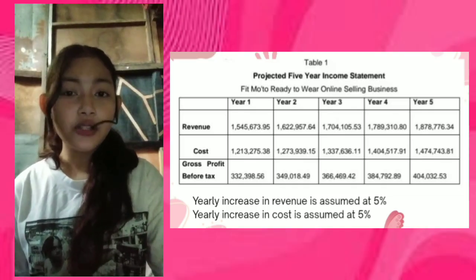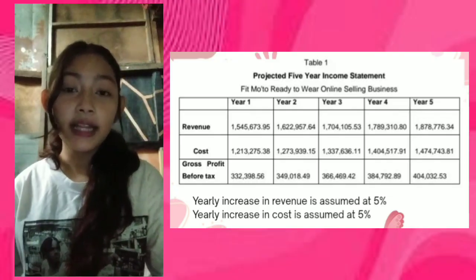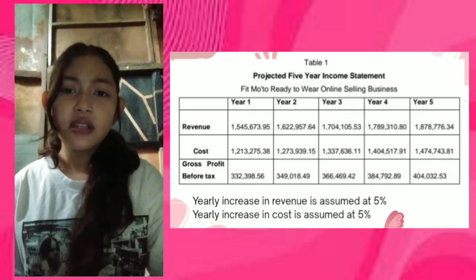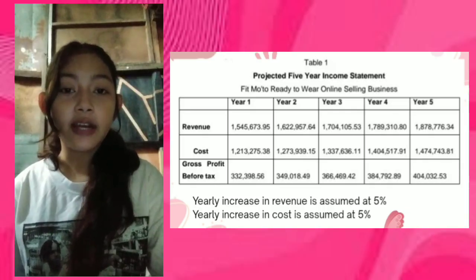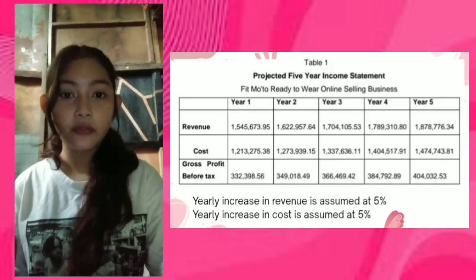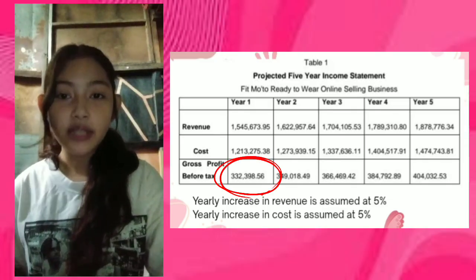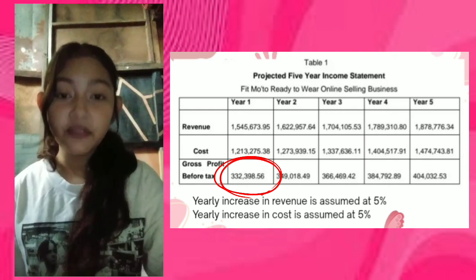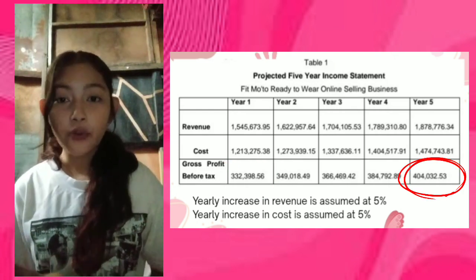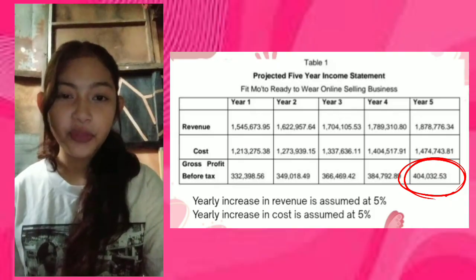While the cost also increases, the business is projected to maintain a healthy and growing gross profit before tax, which is the profit after the direct cost of selling the goods is subtracted. This profit grows from 332,398.56 in year 1 to over 404,032.53 in year 5.